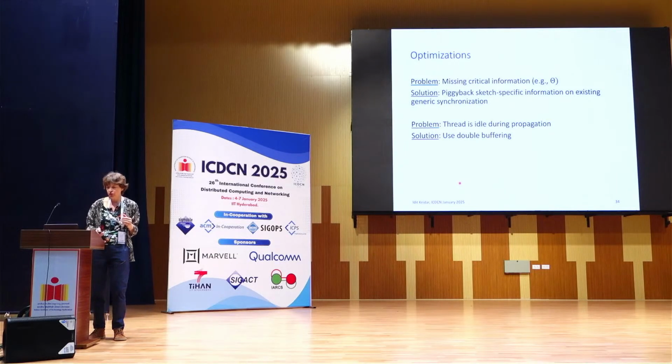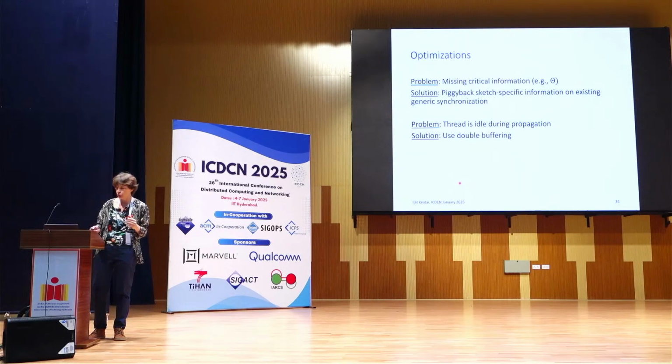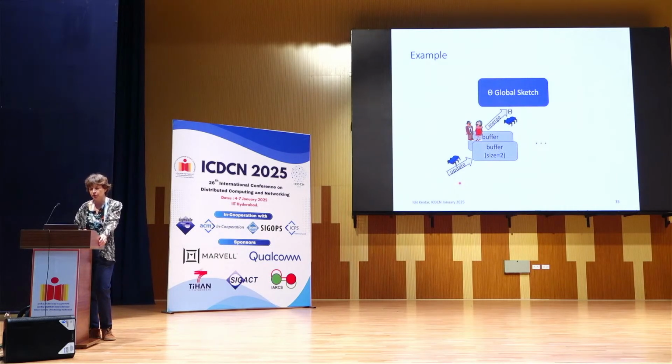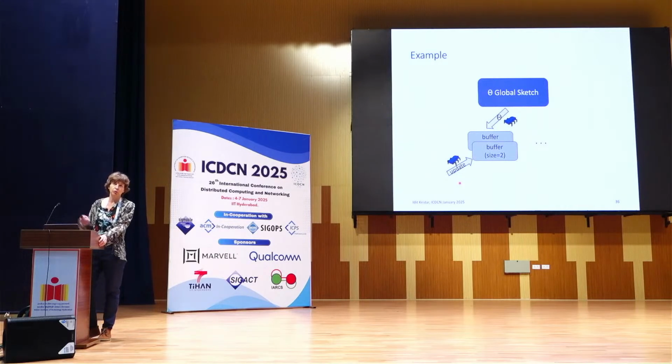The second optimization is double buffering, so we're not idle while we're propagating, because the propagation takes time. The way it looks is like this: the local sketch is actually two buffers. And when we propagate theta back, the local sketch will use the global theta, and then it will do very few operations. We will not retain things that the global sketch doesn't need, basically.